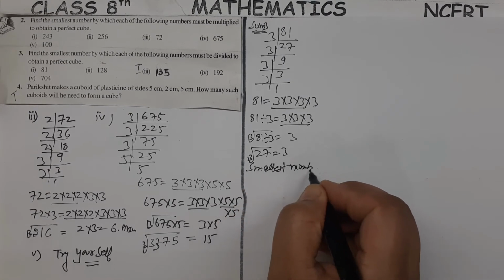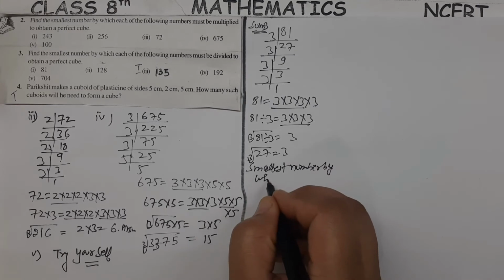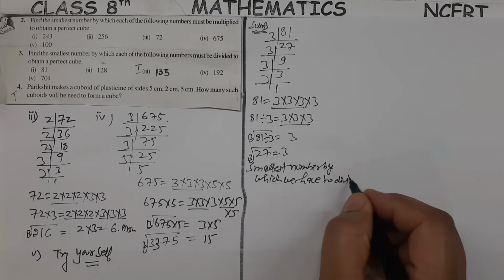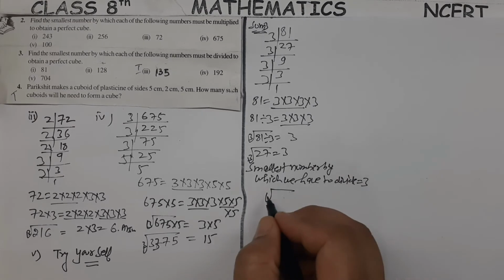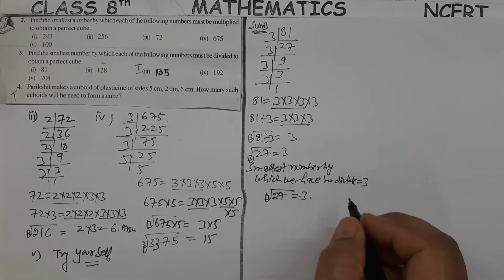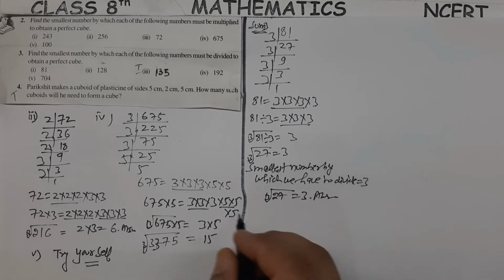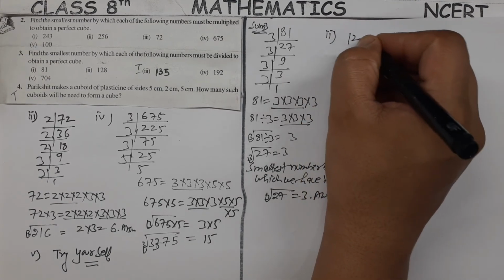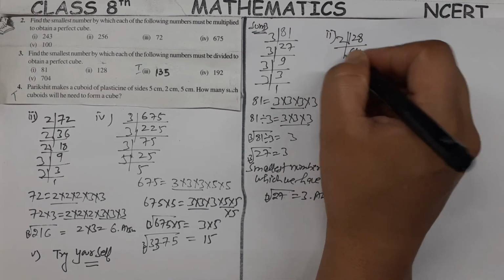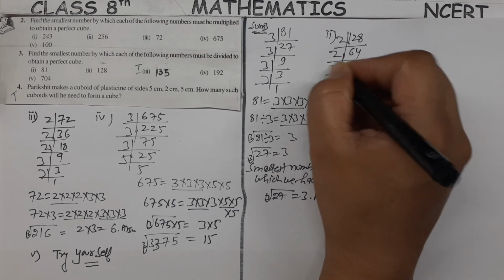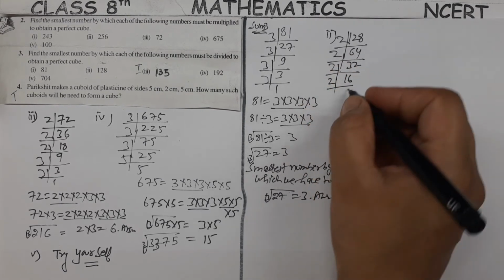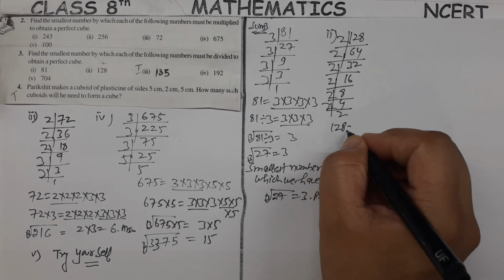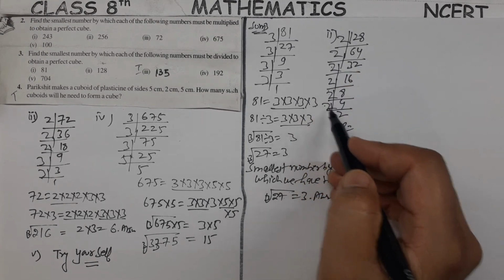Smallest number by which we have to divide is 3, and its cube root is 3. Answer. Next is part second, 128, prime factors: 1, 2, 3, 4, 5, 6, 7.